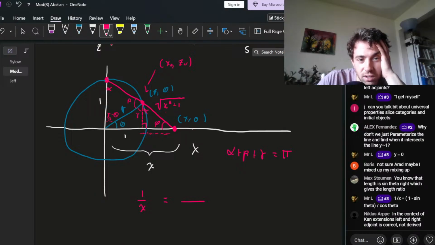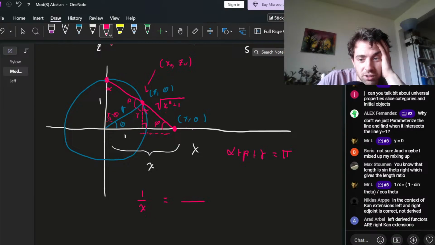But this is the right idea. Somehow we want to use a similarity of lengths here. I think maybe I need to play more of these angle games. What else do we have?